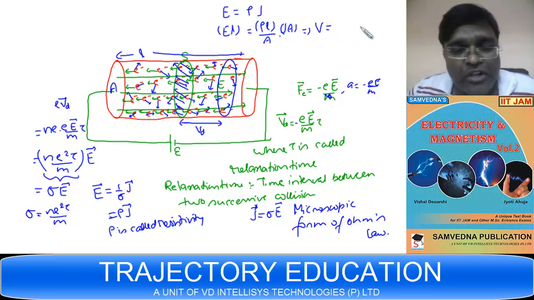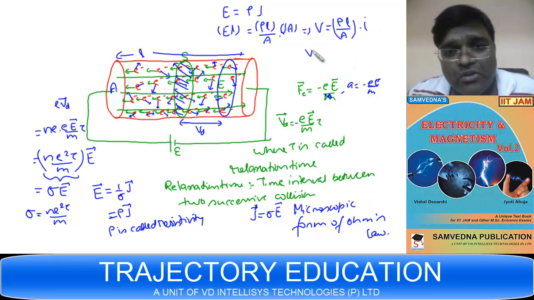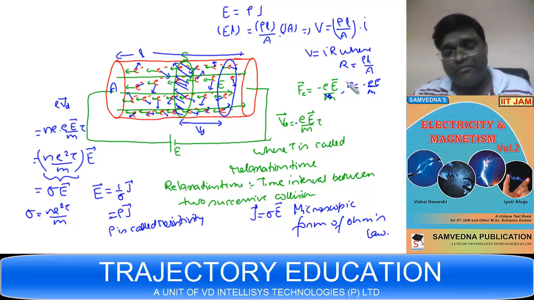EL is the potential difference, the integral of E dot dl from this point to this point, is the potential difference. Rho L by A into J A, and J A is I. So you get V equals IR, where R is called resistance, which is equal to rho L by A for a cylindrical conductor.